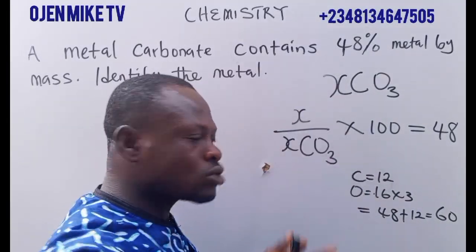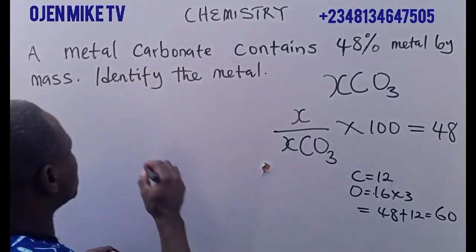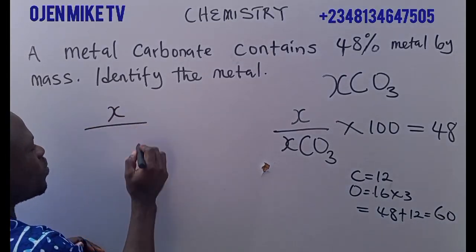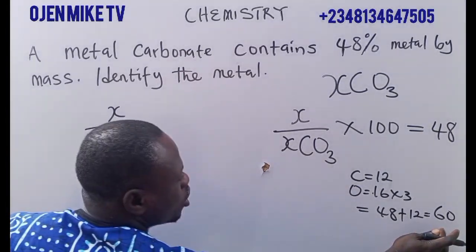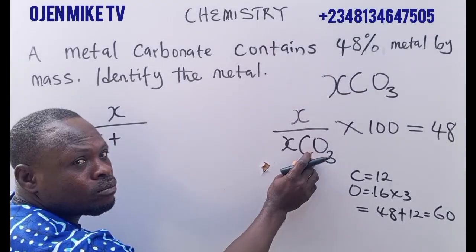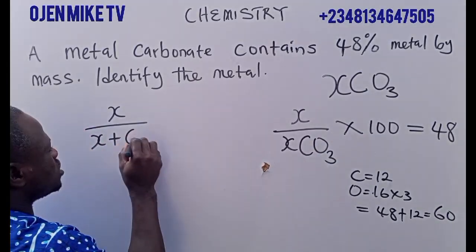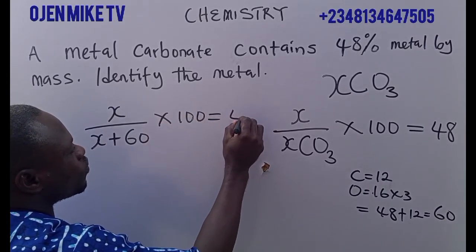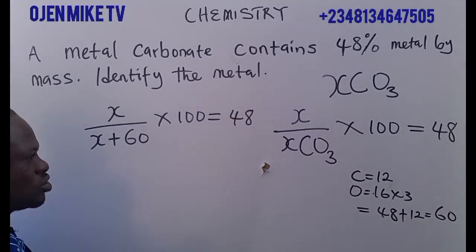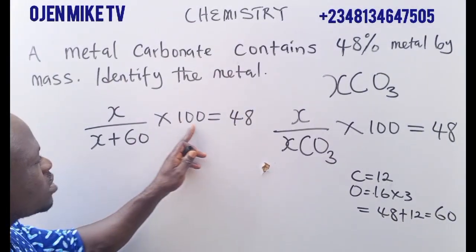Now let's go back to our formula. We say that we have X over X plus the molecular mass of this carbonate, which is 60, multiplied by 100, is equal to 48. Do you get that? Now let's cancel this one.